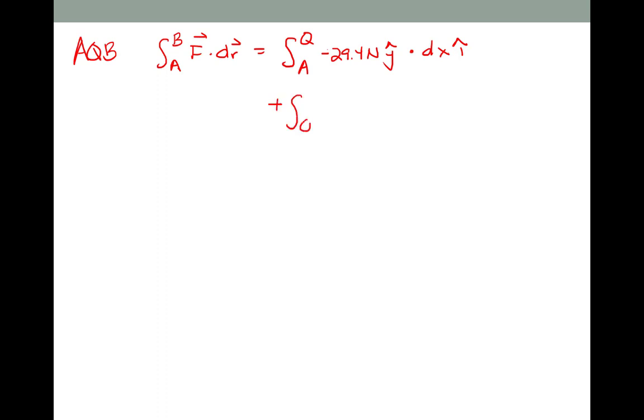And then I'm going to go from Q to B, and if you look, the first integral is 0 again because j dot i is 0. And the second integral is going to work out to be the exact same integral we had for the AOB path. So this will also work out to be negative 470.4 joules.